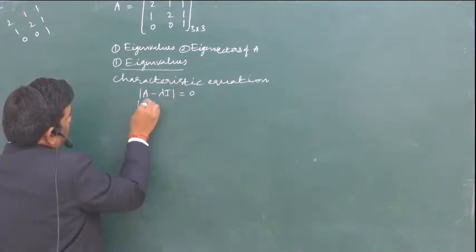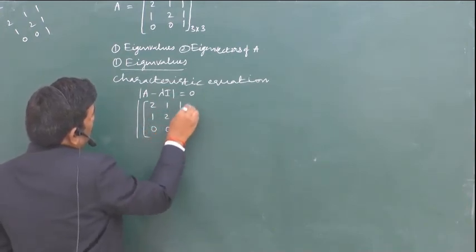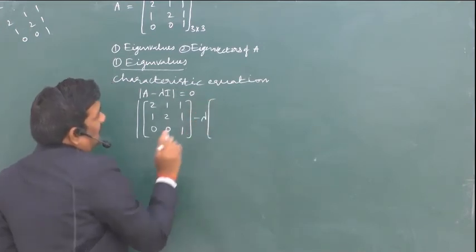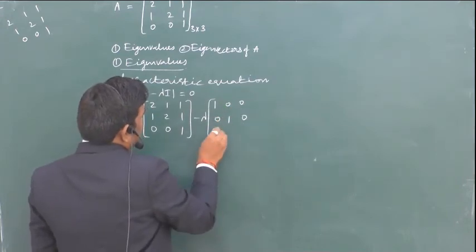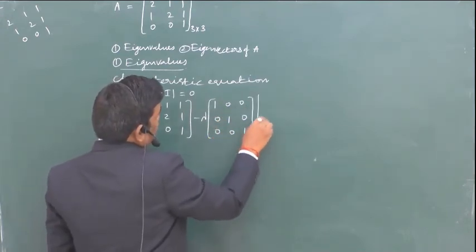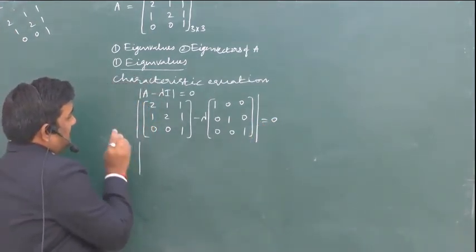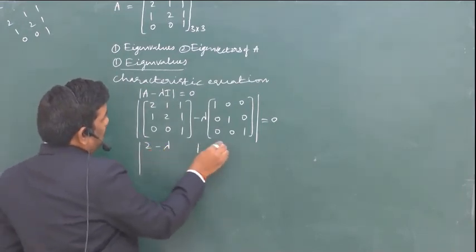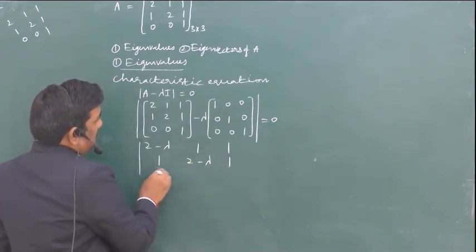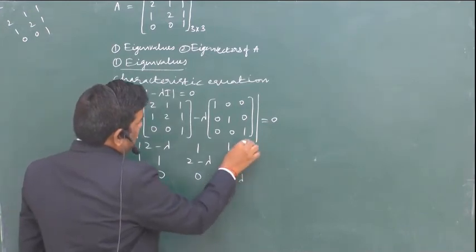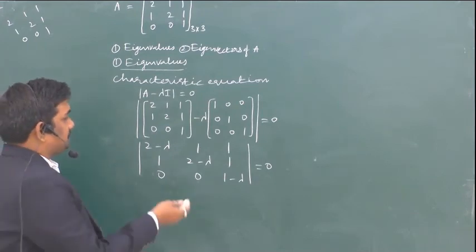Here it will be 2, 1, 1, 1, 2, 1, 0, 0, 1 minus lambda into I, where I is the identity matrix 1, 0, 0, 0, 1, 0, 0, 0, 1, equals 0. Now subtract the elements correspondingly. It will be 2 minus lambda, 1, 1, 1, 2 minus lambda, 1, 0, 0, 1 minus lambda, equals 0. Now you need to expand this 3 by 3 determinant.